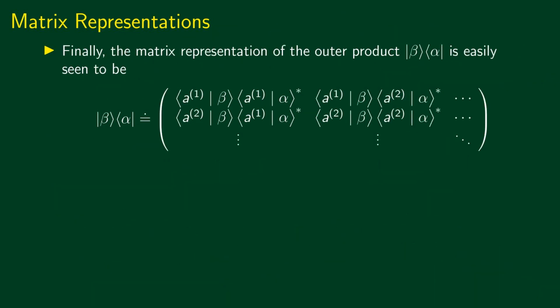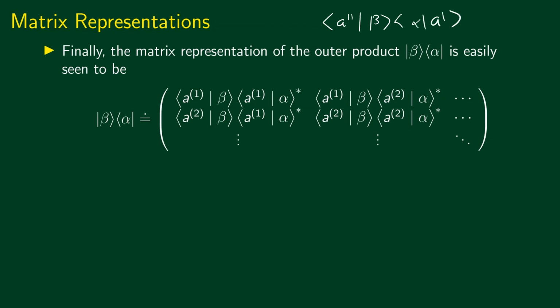Now let's look at the representation of the outer product ket beta bra alpha. We said that this is an operator, so its matrix elements can be written as, let's say, bra A double prime, ket beta, bra alpha, ket A prime.